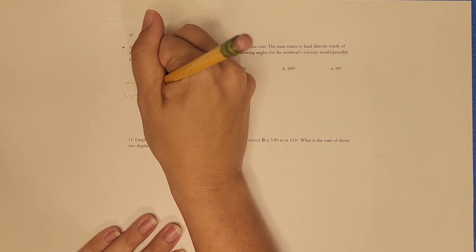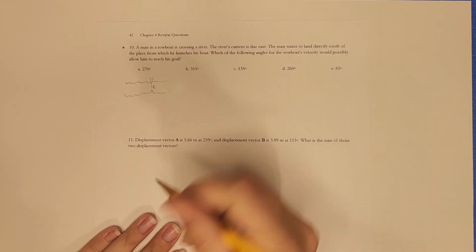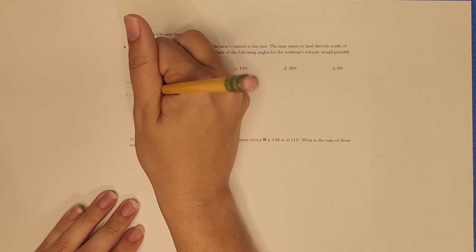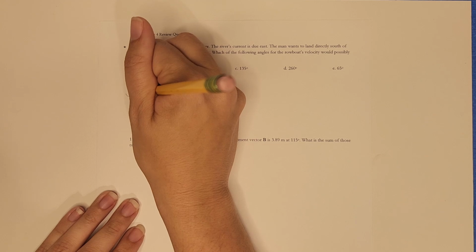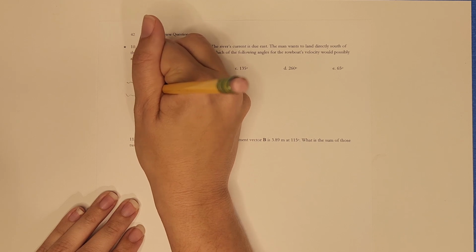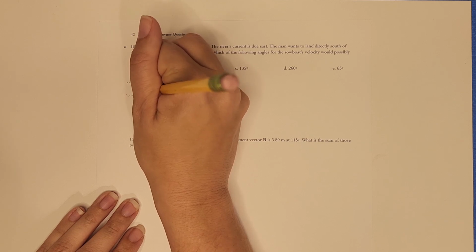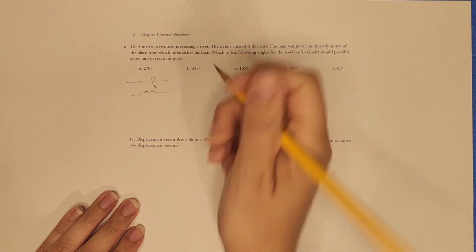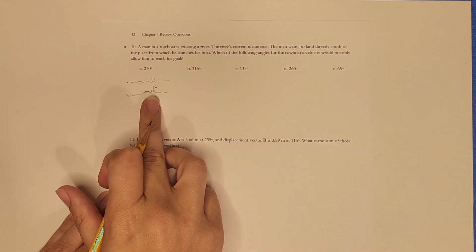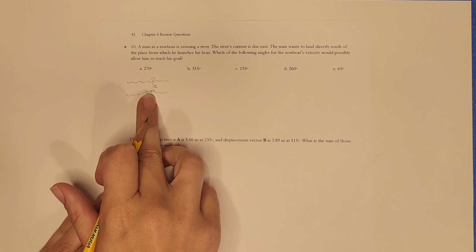And so we want this to be our result line, so I'm going to call it C, okay? And this B is acting on C, and it's going east, okay? Which means it needs to be to the left of the C line so that it ultimately hits the C line at the end point, okay?